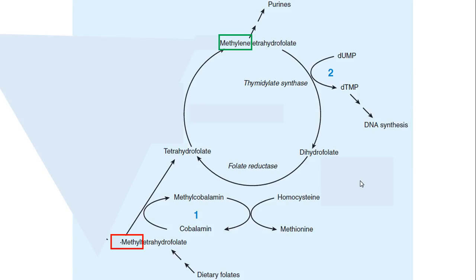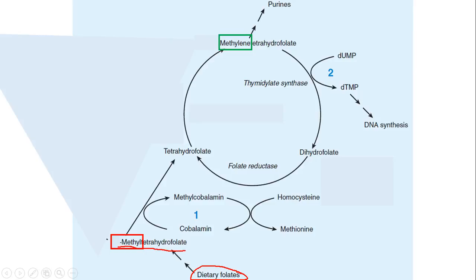So what is the role of this? To understand the role of folic acid and vitamin B12, we have to be thorough with this diagram. In this diagram, we have to understand that dietary folates, the green vegetables and liver in the diet, will always provide us with methyl tetrahydrofolate.